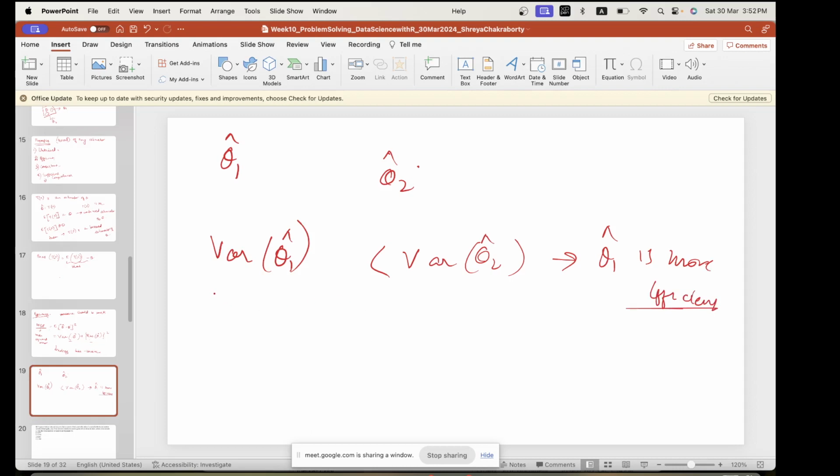Similarly, if the mean squared error of theta 1 hat is less than the MSE of theta 2 hat, then we can say that theta 1 hat is more efficient.